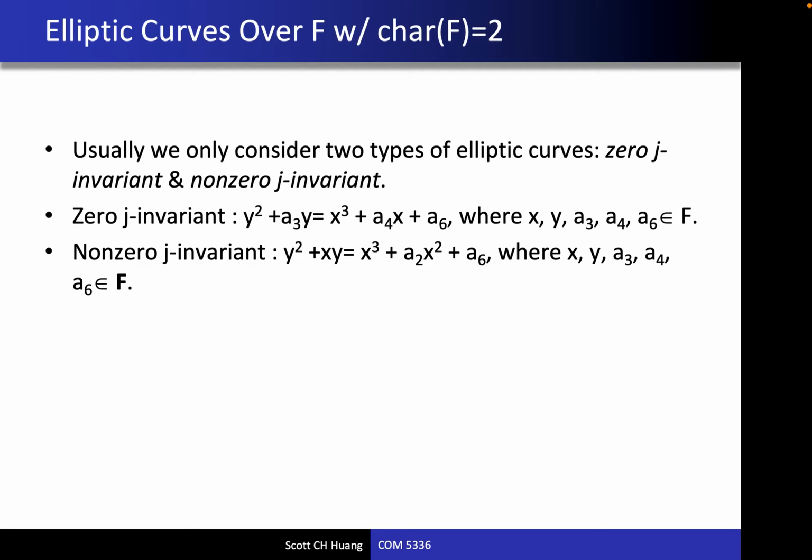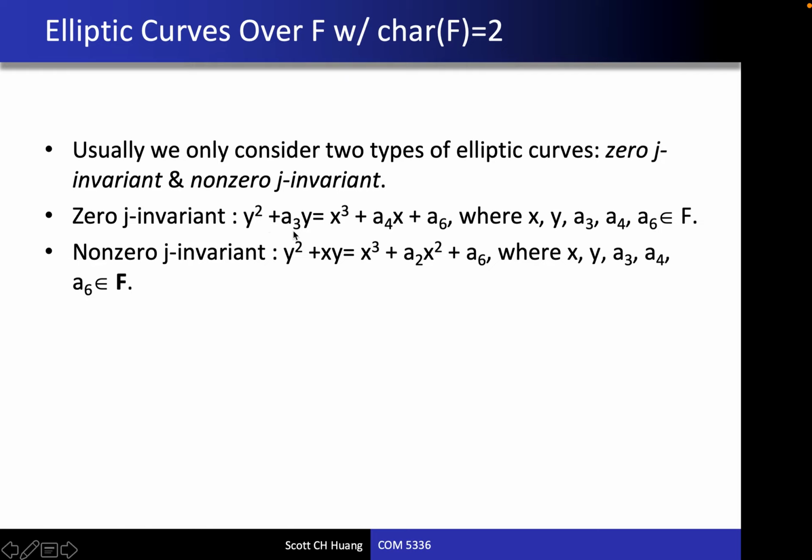we cannot use the above-mentioned method. We have to consider two special types. One is called zero J invariant, the other is non-zero J invariant. For the zero J invariant, we introduce this one, A3. We don't need A1 and A2. We don't need a square term, and we don't need a cross term.